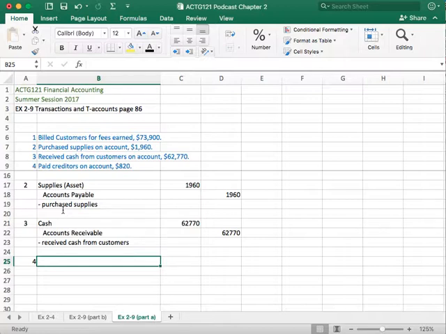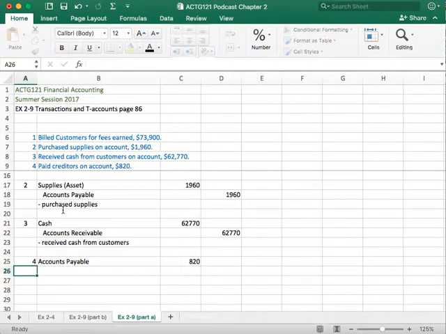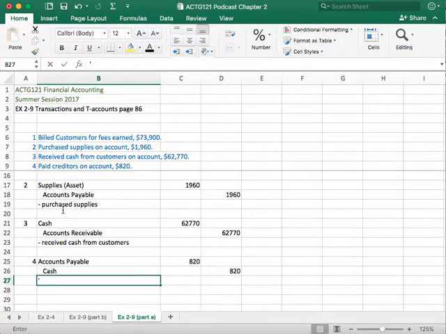So we're decreasing cash and we're decreasing the amount that we owe to the creditor. So the debit is to accounts payable in the amount of $820. The credit is to cash, same dollar amount, $820. And our explanation can simply be payment, or paid creditors.